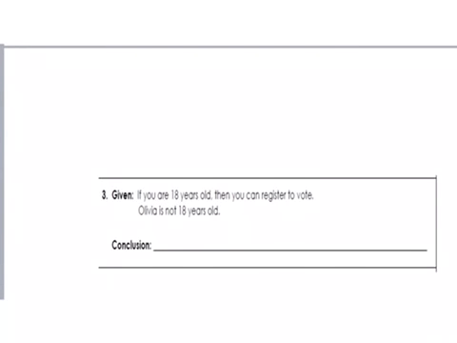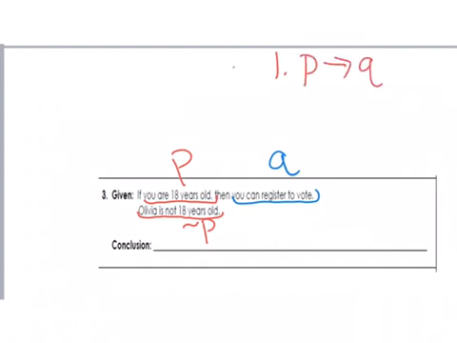Alrighty, here we go. This says if you are 18 years old, I'm going to give that a P. You can register to vote, Q. Looking at this, Olivia is not 18, so I'm going to have to negate my P. So let's go through our symbolic map. Number 1, do I have an if-then statement with a P and a Q? Check. Do I have a P in my second statement?